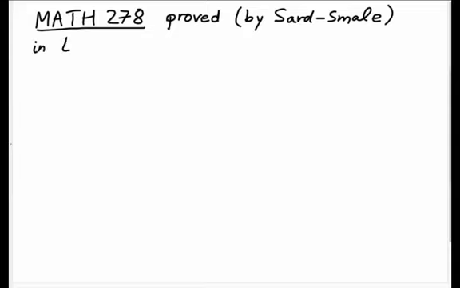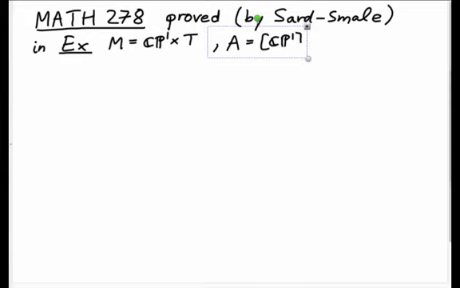And we only did this in this very specific example, where my symplectic manifold is this nice product of CP1 and a torus. In particular, it's a monotone symplectic manifold. And we had a very, very specific homology class.